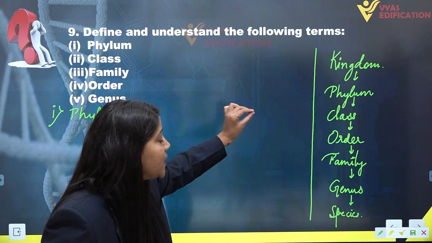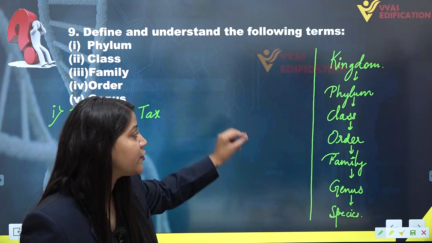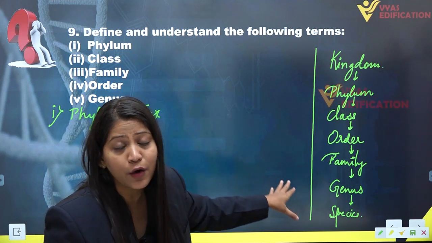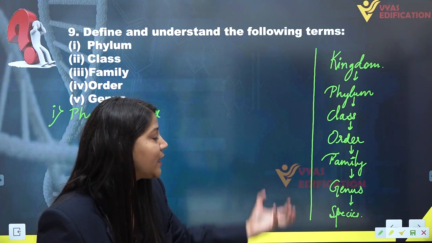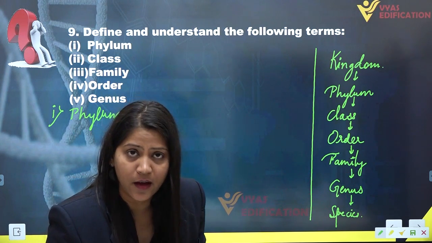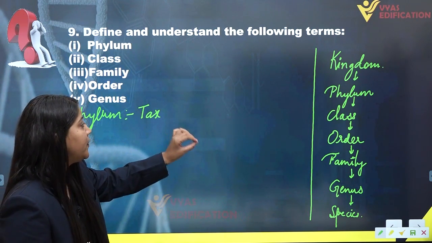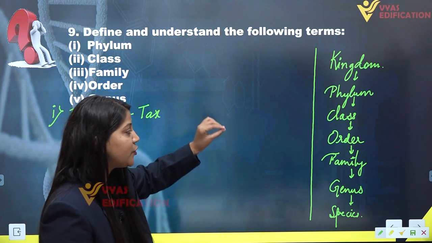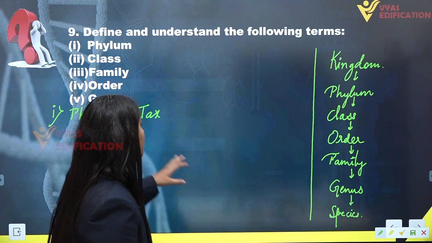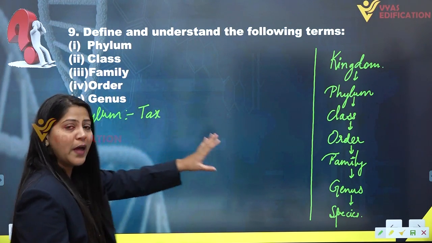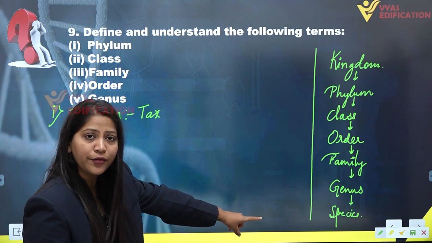Each and every category, each and every group in the hierarchy of a classification is actually a taxon, or collectively we can say taxa. So, phylum is one of them, included in the hierarchy of a classification.